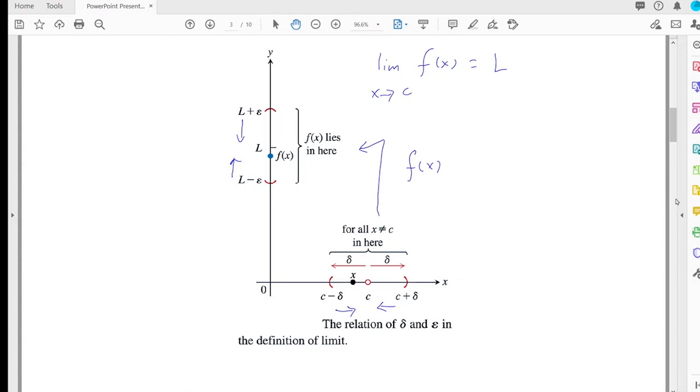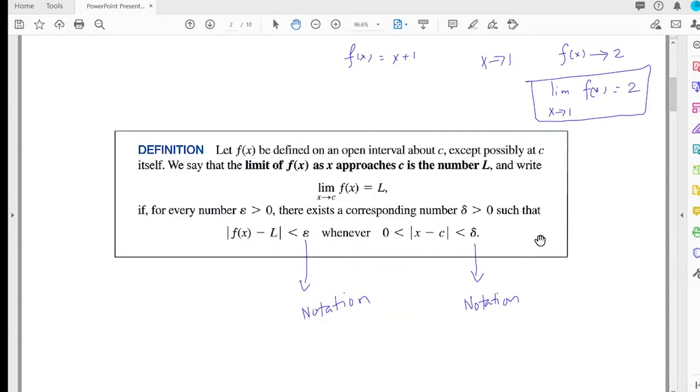If that is possible, if we can find delta for any epsilon, that means not just for one epsilon. This epsilon could be anything. This epsilon could be 0.5, 0.05, 0.00005. The smaller the value of epsilon, the more challenging it is to find the value of delta.